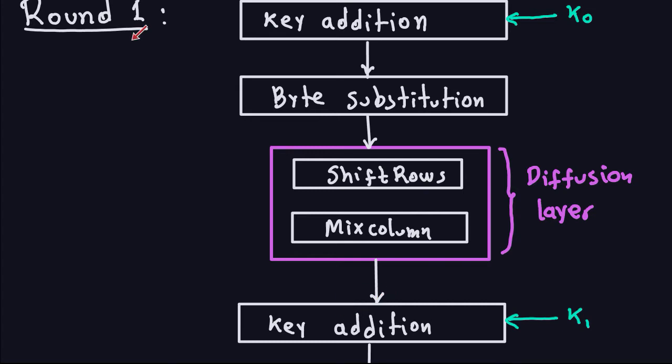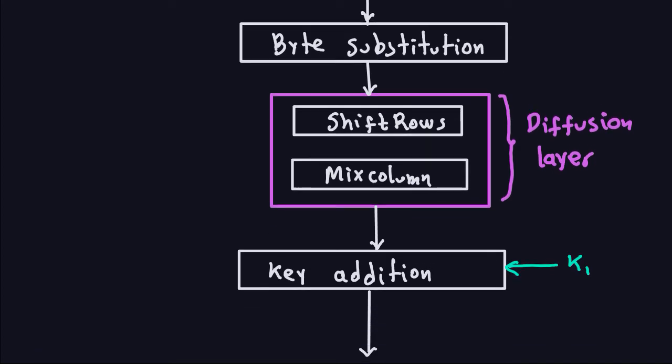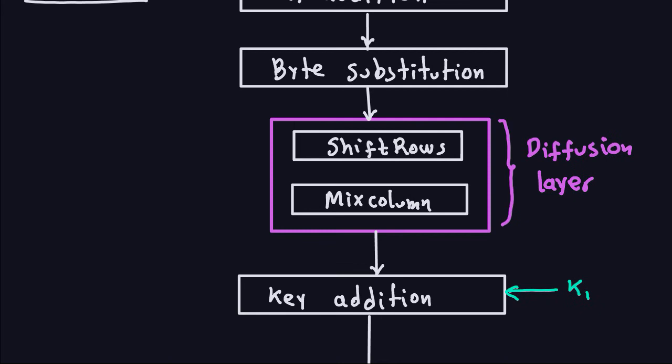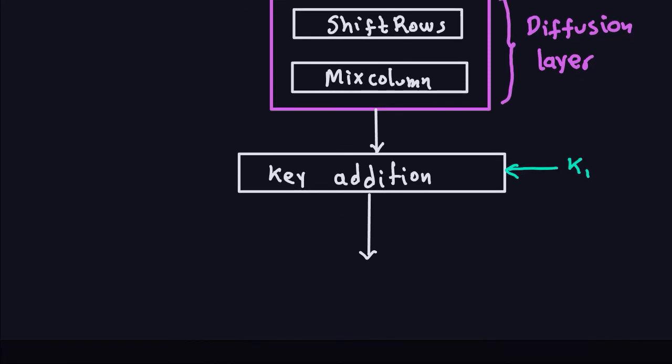Now this is for round one. Remember, round one is a particular case, which is not true for all the rounds: we have two keys inputting here. All the other rounds will have only one key. So we talked about the byte substitution. Let's talk about the shift rows for this particular case.